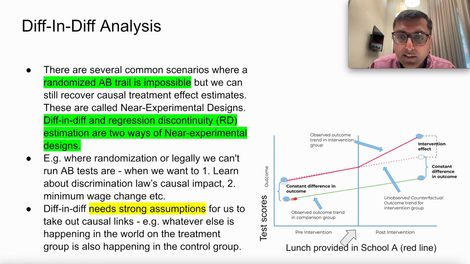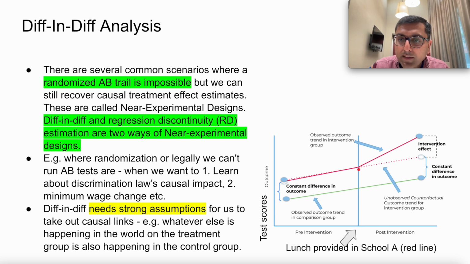So let's say this is the green line. Green line is how it looks before intervention and after intervention. Let's say you had an intervention where you started providing lunch in school. And you see that, hey, for this particular school, which is the green line, and there's also this other school, which is the red line, and you started providing lunch only for this school at this point.